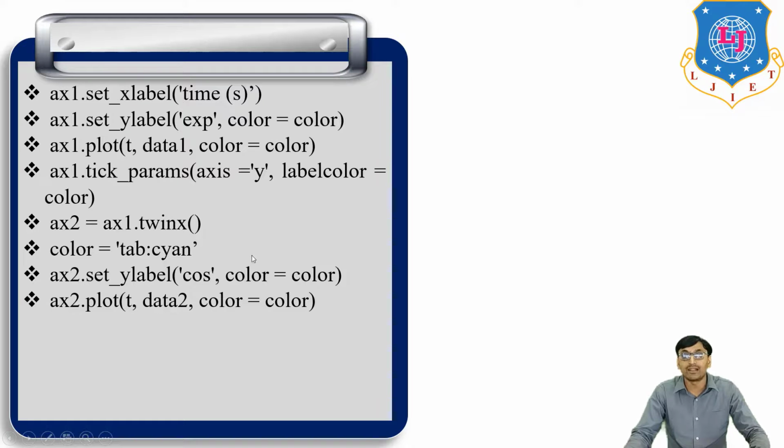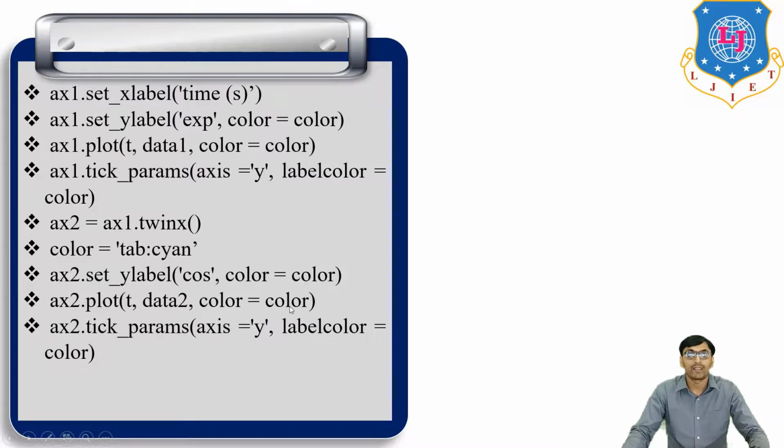Then ax2.tick_params in the bracket axis is equal to y, and labelcolor for that y-axis is color.